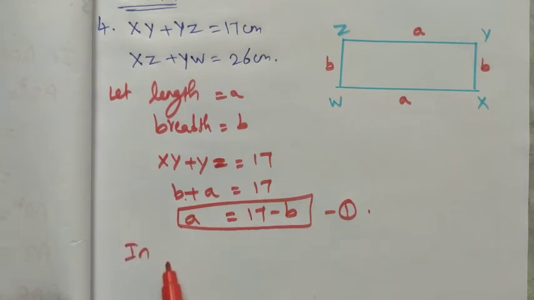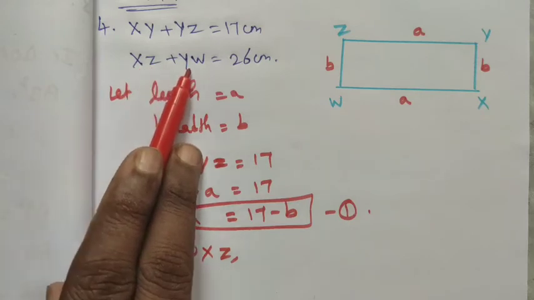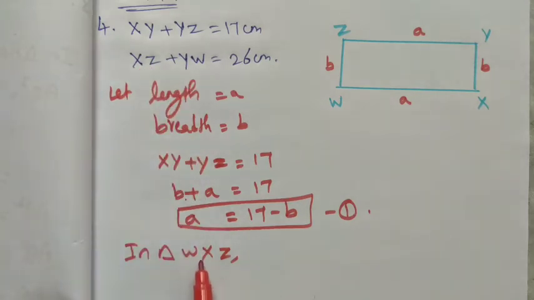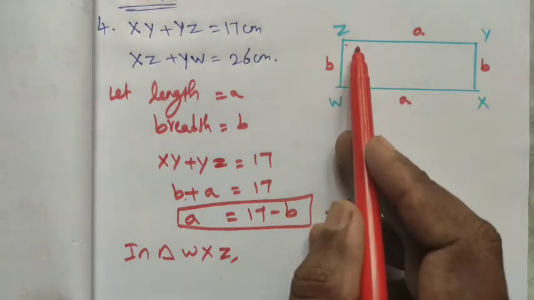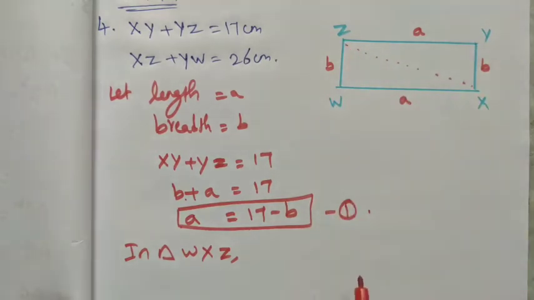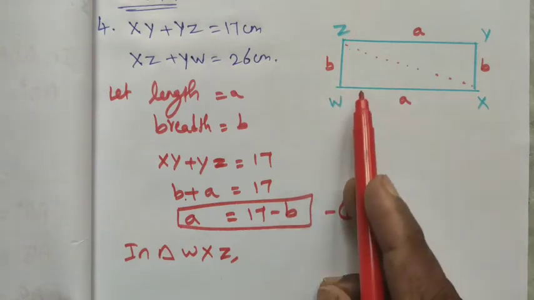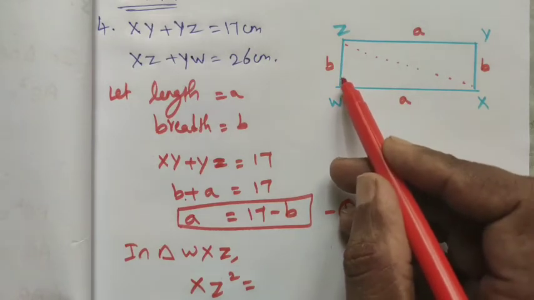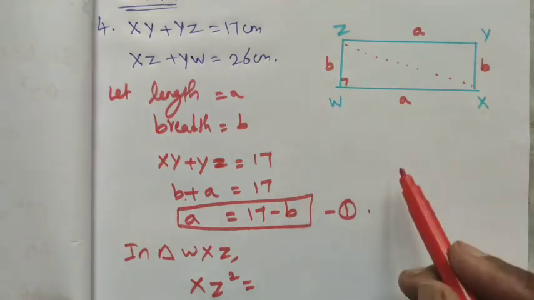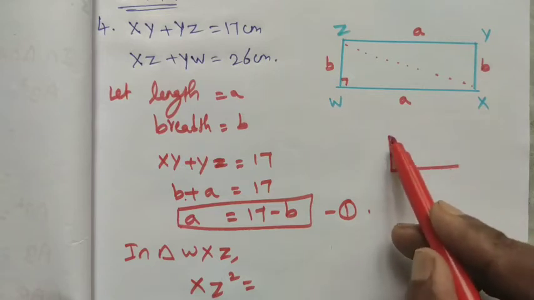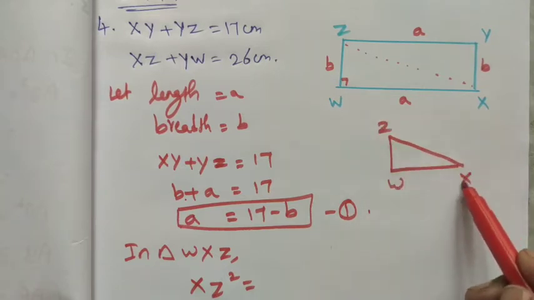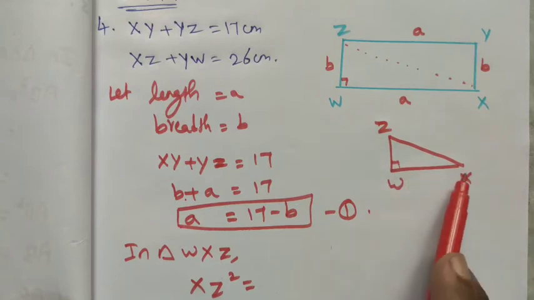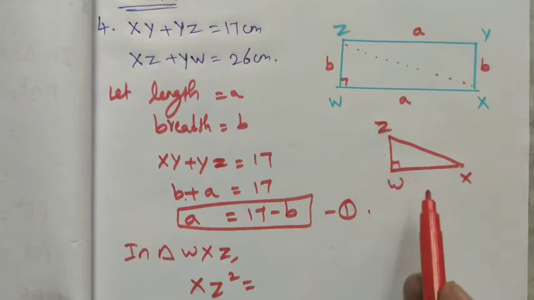Next, we see that in triangle WXZ, because we want to find out what is XZ and YW. This is the triangle WXZ. It is a right angle triangle, so this is 90 degrees. In a right angle triangle, the hypotenuse side square is equal to the sum of the squares of the other two sides.